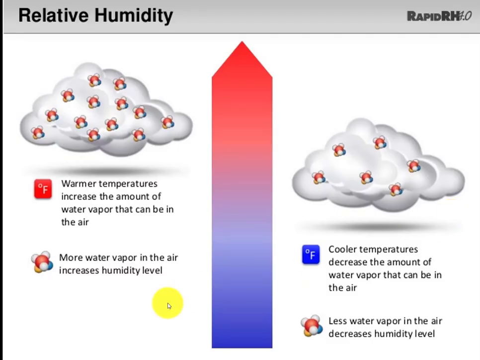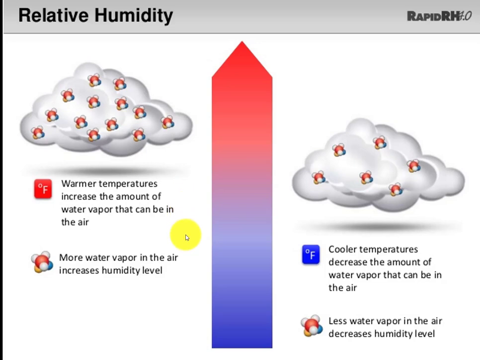Same concept with different images, and so warmer temperatures increase the amount of water vapor that can be in the air. This diagram, or this object here in this diagram, represents water vapor in the air. As the temperature goes up, this parcel of air can hold more water before saturation occurs.